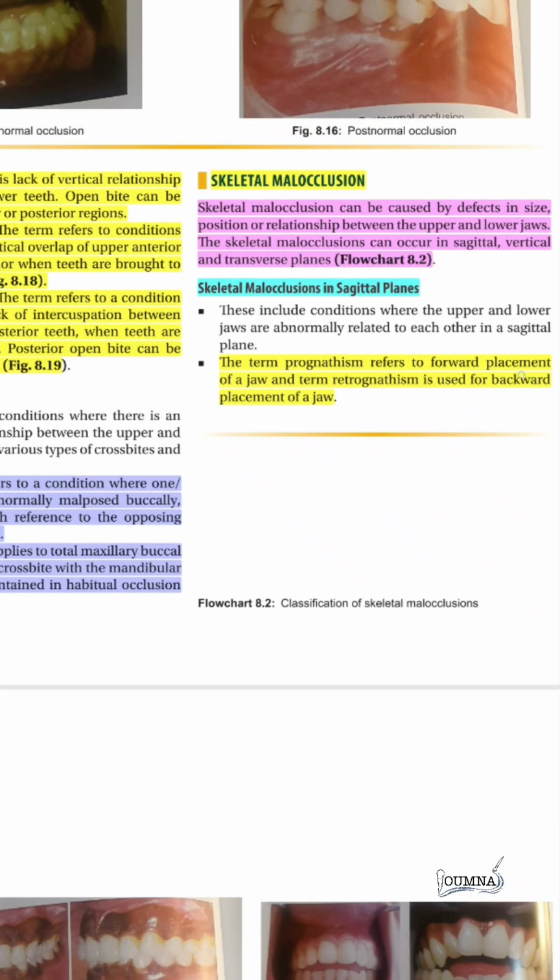Prognathism is used for forward placement of the jaw, and retrognathism is used for backward placement of the jaw. These are the terms that are used to describe the relationship between the jaws, whether forward placed or backward placed.